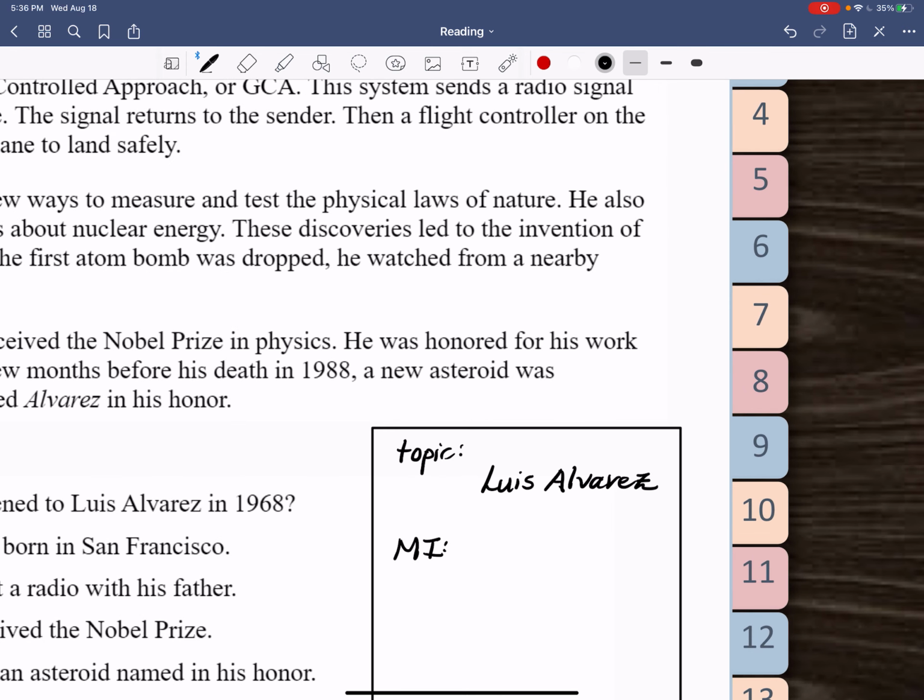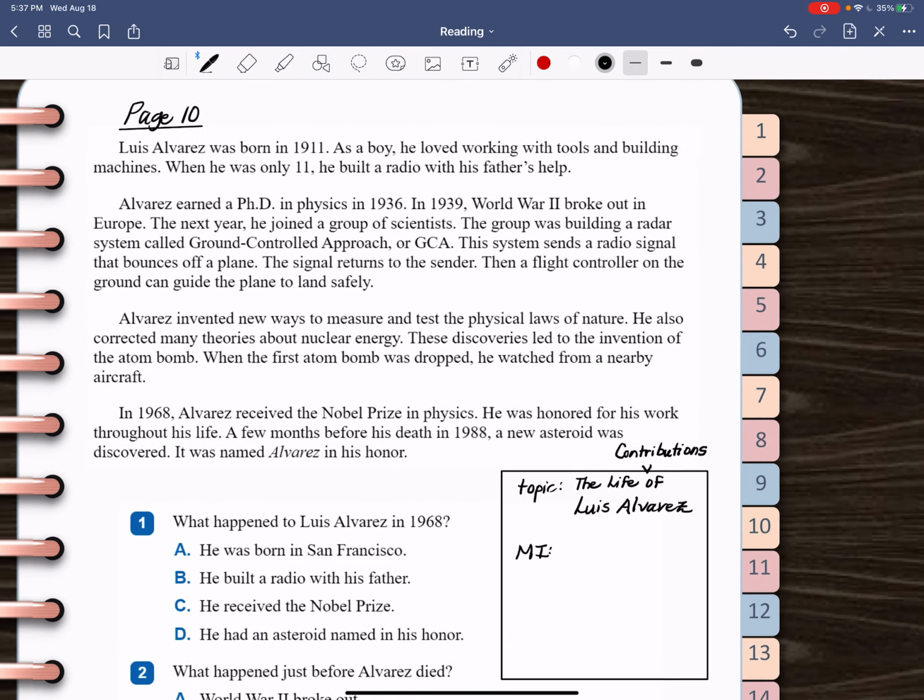So I'm going to say the life of Luis Alvarez. Another thing that comes to mind would be the contributions of Luis Alvarez. I'm going to add that in here, the life contributions. How did Luis Alvarez contribute to the world?